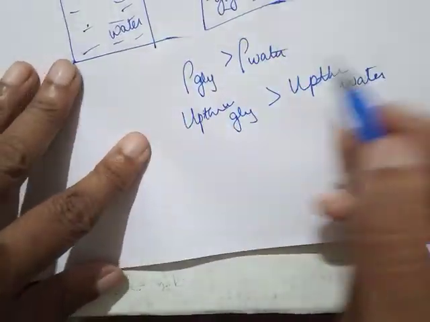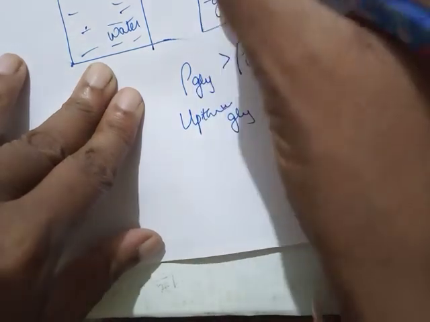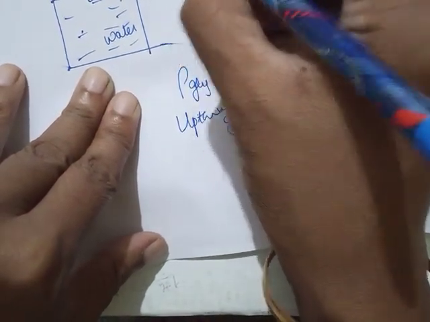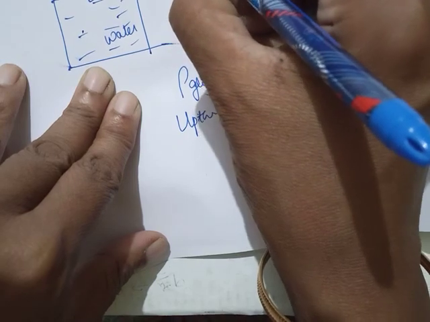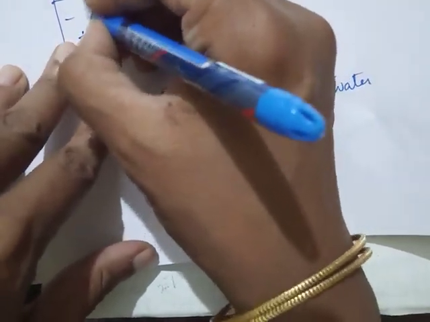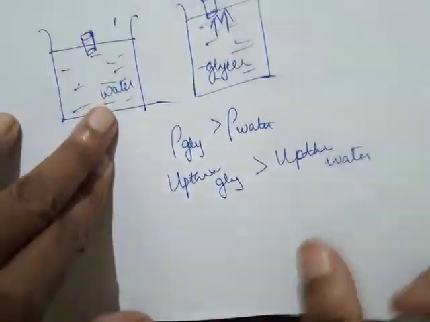So the upthrust by glycerin is more, and a very small portion will be inside. In the water case, more portion is submerged because upthrust is less, whereas in this case upthrust is more, so more portion will be outside.